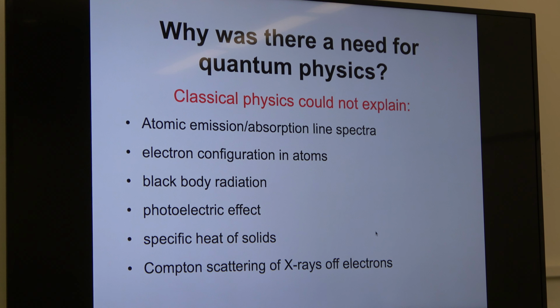And then Compton scattering. So Compton scattering of X-rays off electrons. X-rays are electromagnetic waves of very high energy, but waves. But then when they were hitting electrons, so particles in the classical sense, electrons were bouncing off as if they were hit by a particle.